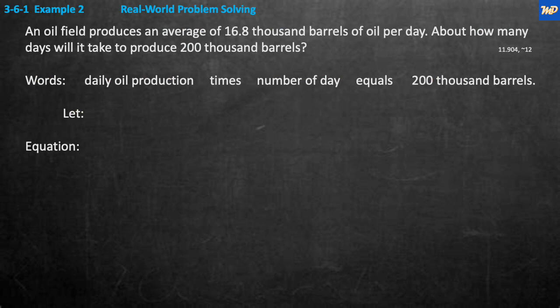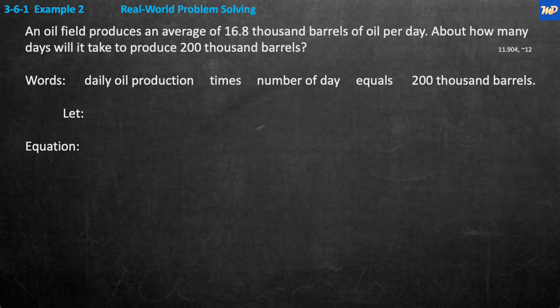Example 2. Here's a real world problem. An oil field produces an average of 16.8 thousand barrels of oil per day. How many days will it take to produce 200,000 barrels? Let's look at this in words.